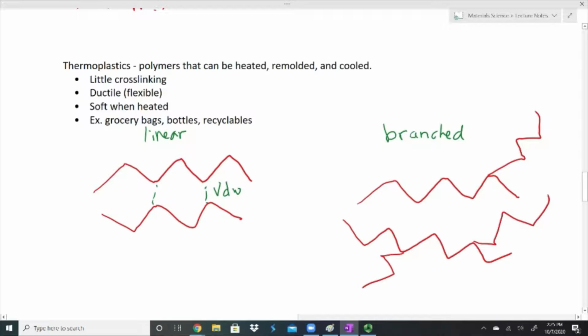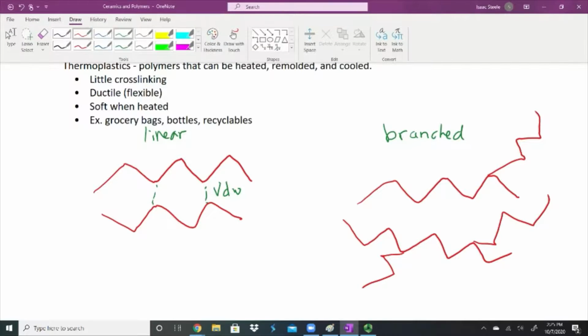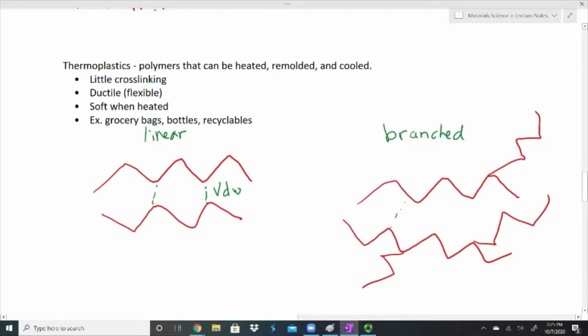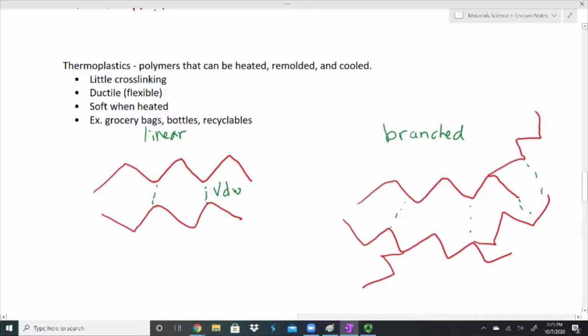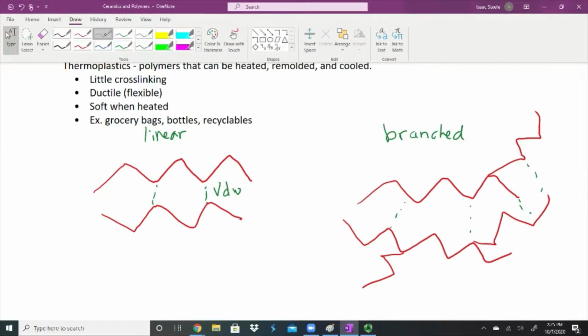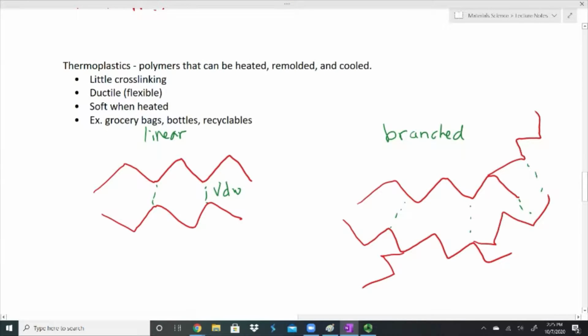So there's some branching going on. In this case, it's still going to be held together with van der Waals forces as it gets close to other polymer chains.